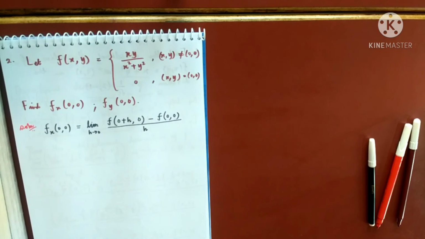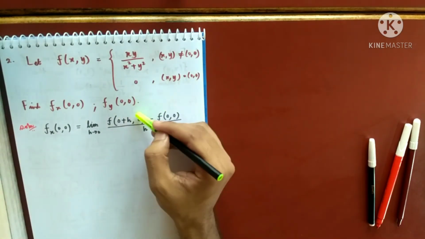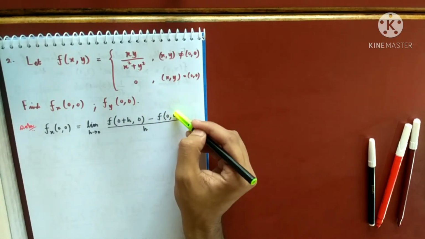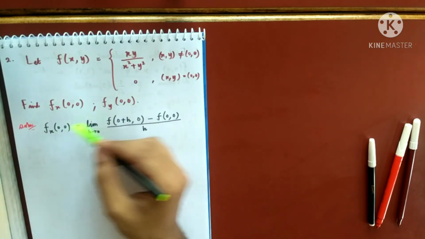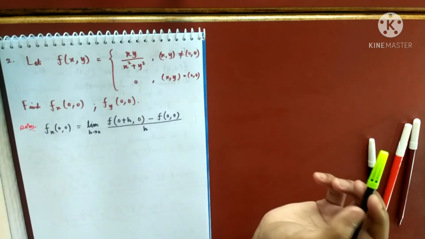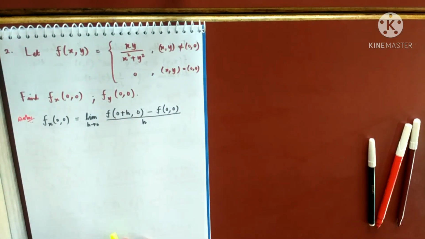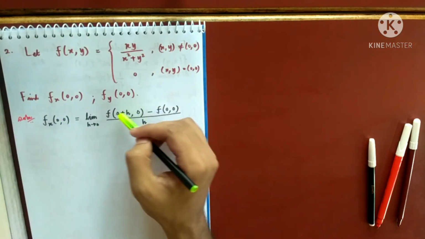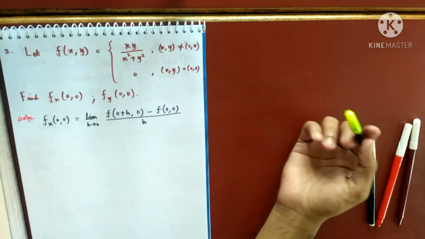Just apply the definition: increment in x but no increment in y, and divide by h. This is the definition of partial derivatives I gave a few minutes back for x comma y, and this is for the particular point 0 comma 0.